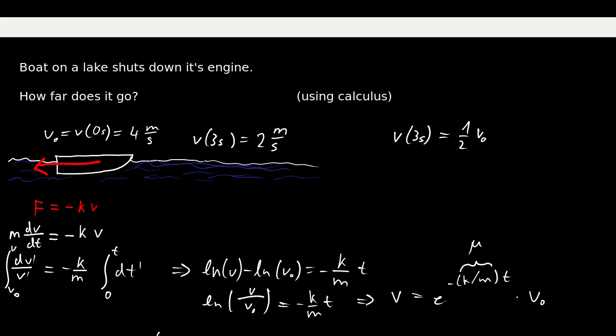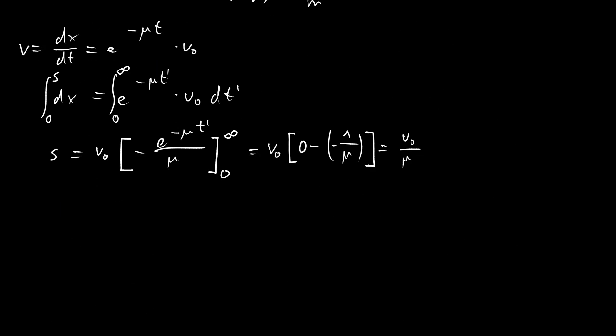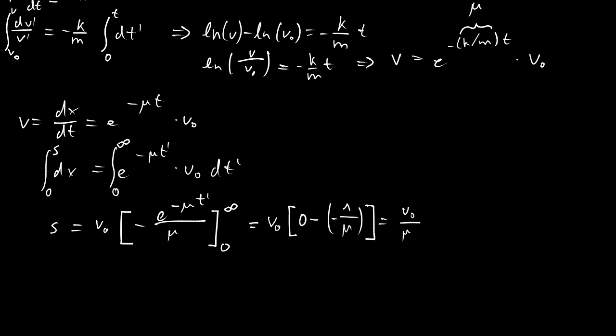And so we can just say the velocity, we have the equation for the velocity. So we say v of 0 seconds.